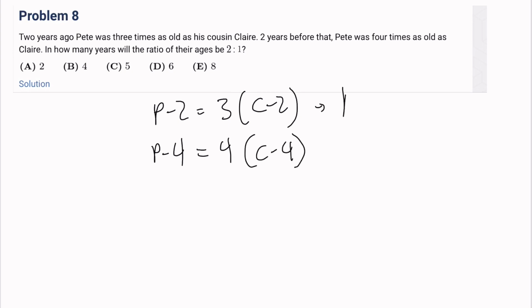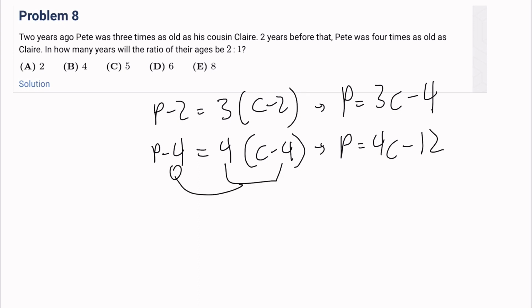And so this gives us P equals 3C minus 6 plus 2, so it's minus 4. And this gives us P equals 4C minus 12, right? Because this is minus 16 plus 4. And so we know that 3C minus 4 equals 4C minus 12, so C equals 8.